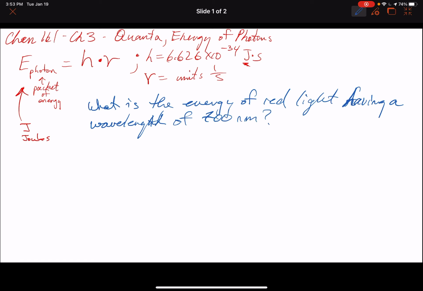Okay, so it's going to be a combination of two equations in this case. We have the one from above, and we have previously seen that energy is also equal to... we'll develop a new equation here using the previous equation, which is where nu is equal to speed of light divided by lambda.